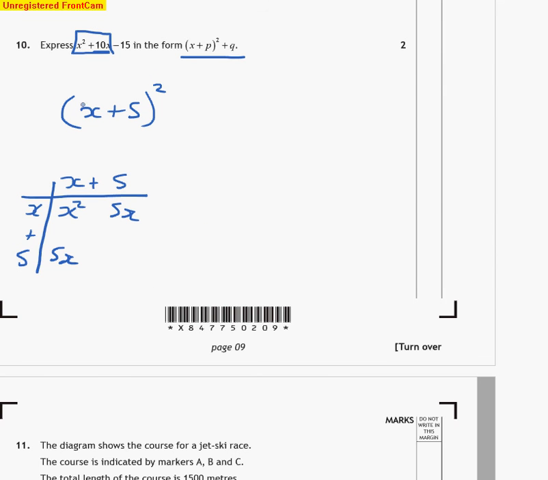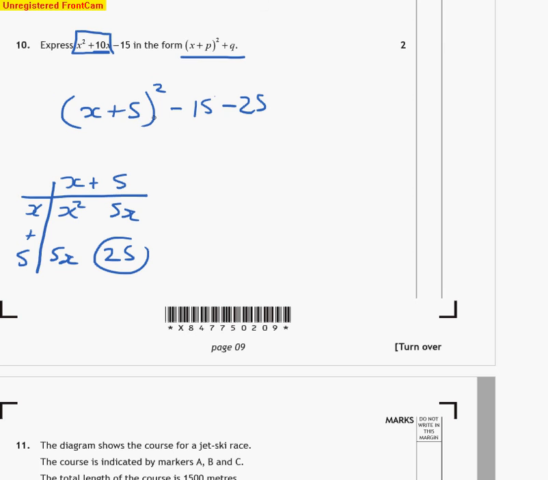But by doing this, I've also got an extra 25, which I didn't really want. So I've changed the equation, so I need to unchange it. The minus 15 was always there, but I now need to do minus 25 to undo this plus 25 which exists now because I've laid it out this way.